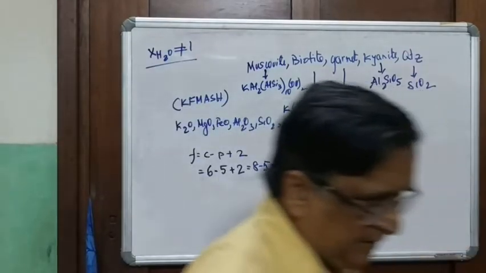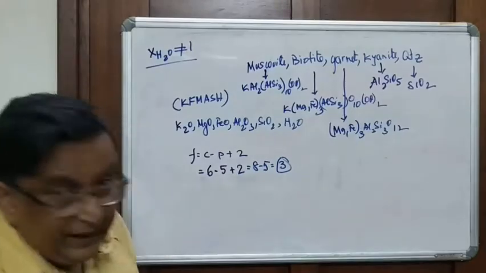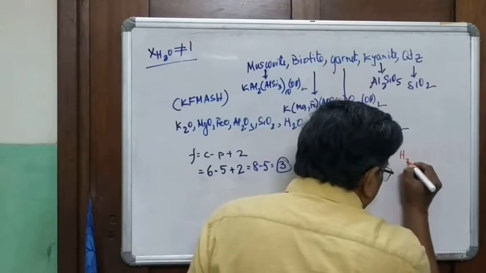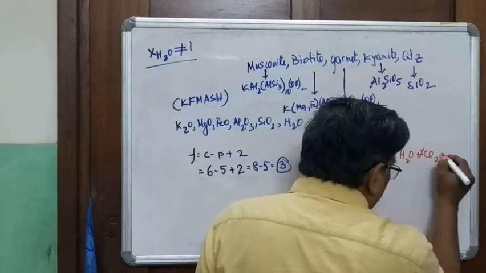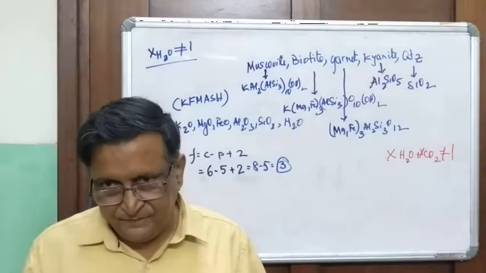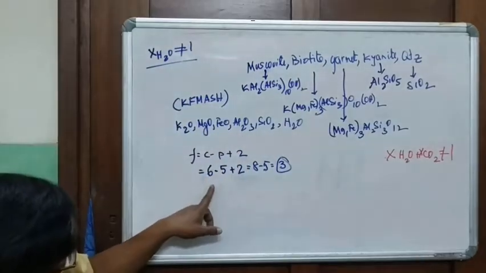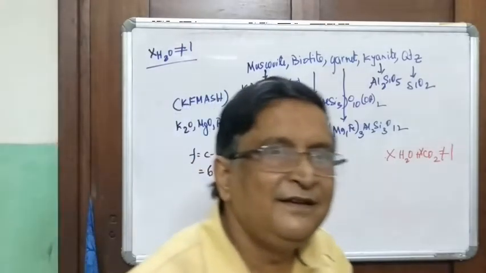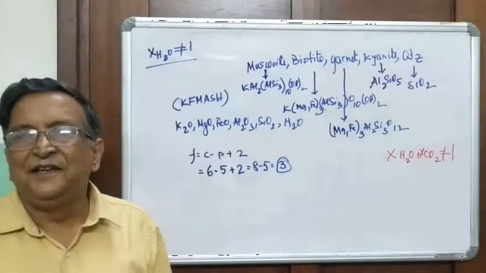You could have asked me, what happens, sir, if XH2O plus XCO2 is not equal to 1? That means there was some other component in it. Then the components would have added to 7 as before, but phases would have been still 5. Why?